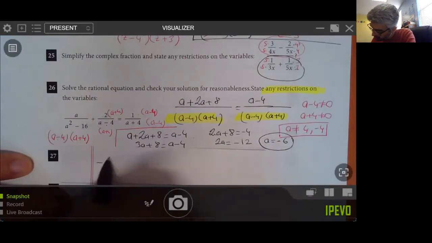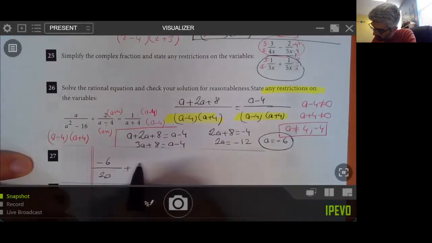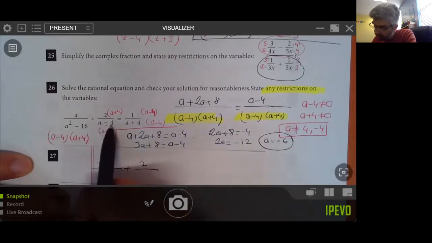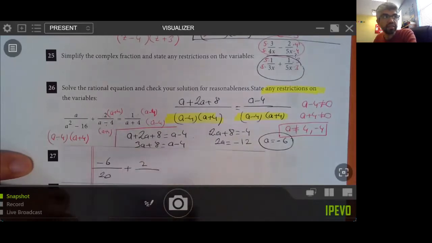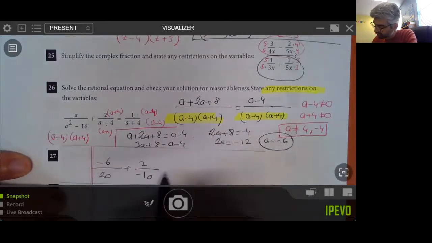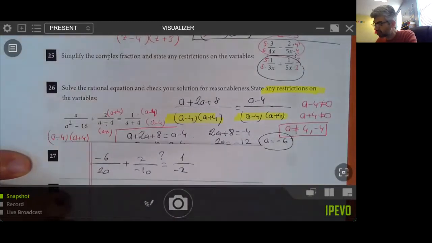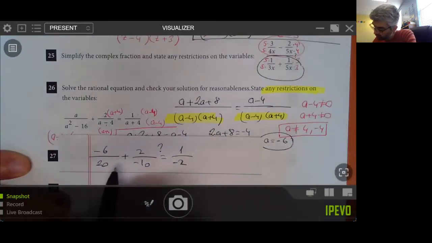So negative 6 over 20 plus 2 over a minus 4. Negative 6 minus 4 is negative 10. Is it equal to 1 over a plus 4? So negative 6 plus 4 is negative 2. Is it possible? Let's check it out.